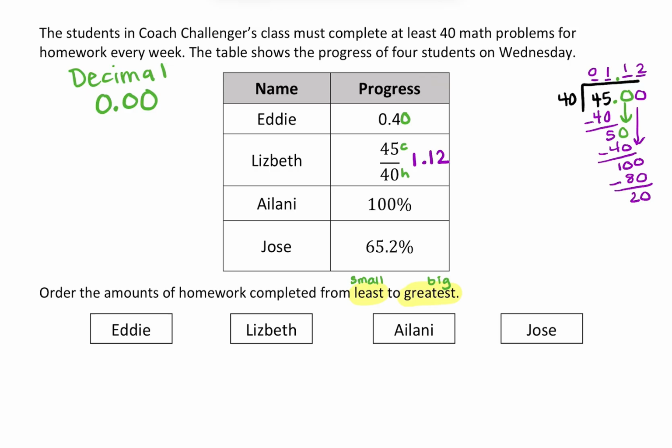Okay? Now, I have a percent. We need to turn that percent into a decimal. So DFP. I have not taught you this part yet, so I really need your eyes, okay? I have taught you how to turn a decimal into a percent by going 2 hops this way.